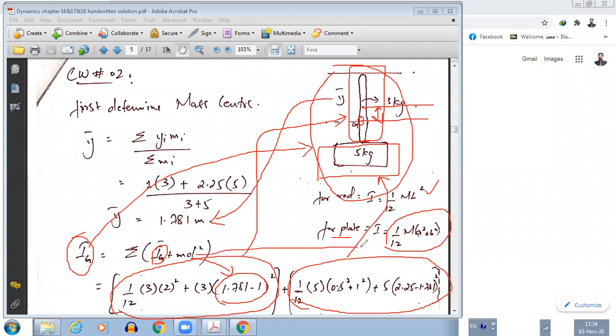Now the d here will be the distance from here to the center. From this reference to the center of the plate is 2.25 minus 1.78, so that will be this distance.